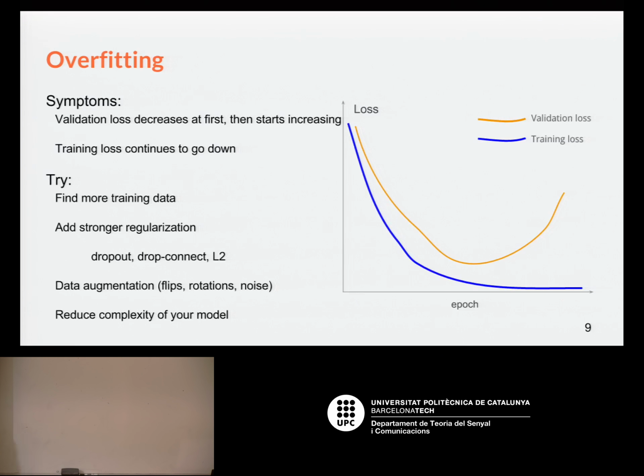Maybe you have so many parameters to update that your data is not enough. So one way is to put more data, but the other one is to reduce the complexity of your model, to adjust better to the data that you have.